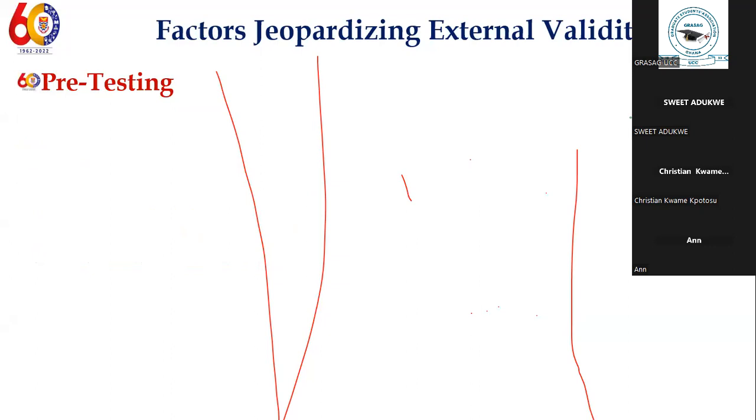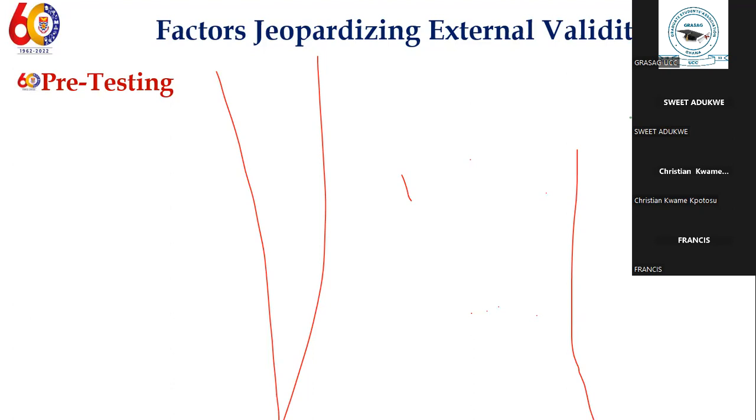Then those factors that are affecting the external validity, we talk about pre-testing. So after your pre-test, how do you generalize your findings at the end of your experiment over a particular population? Individuals who were pre-tested might be less or more sensitive to the experiment variable, or might have learned from the pre-test, making them unrepresentative of the population.